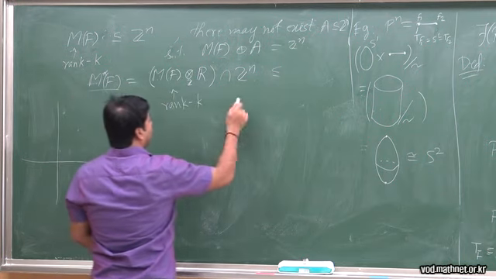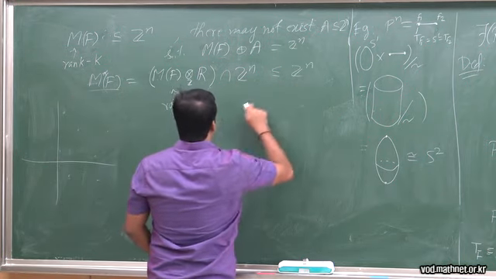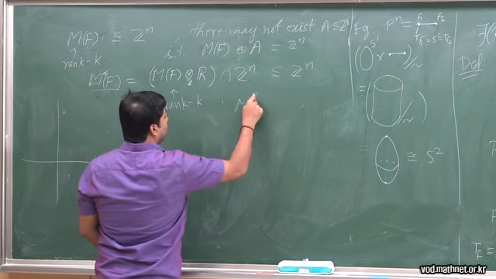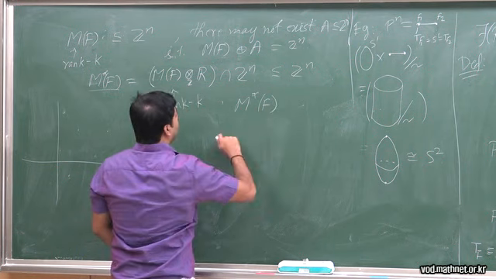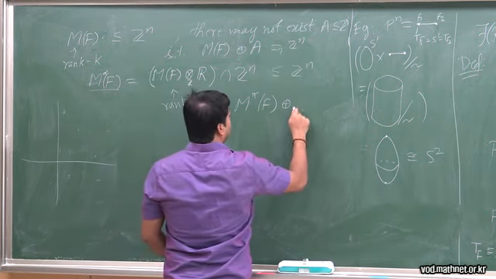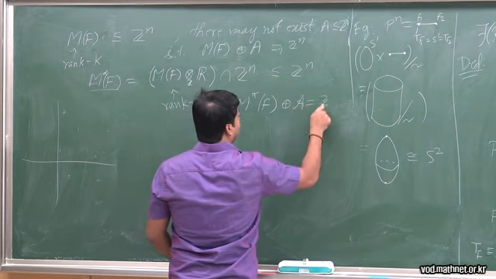submodule of Zn, but now this is a direct summand. So there exists some A so that this is equal to Zn.